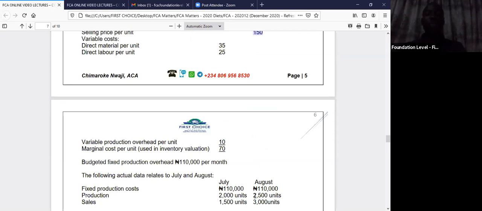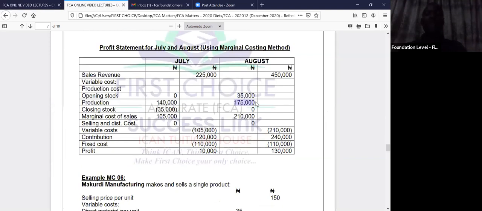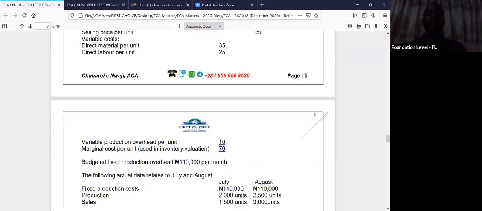You produce 2,500 units. Now, because we are using marginal costing, you're going to multiply that by 70. And when you do, you have 175,000 as your production.